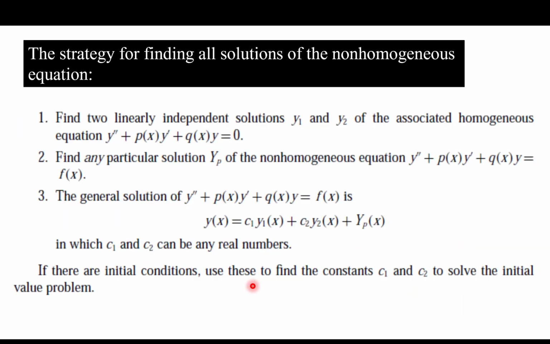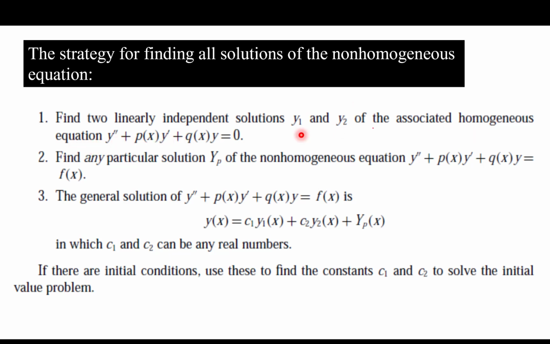Let's put it in steps for finding the solution of the non-homogeneous equation. We can put it in 3 different steps. Number 1, find 2 linearly independent solutions, y1 and y2, of the associated homogeneous equation.